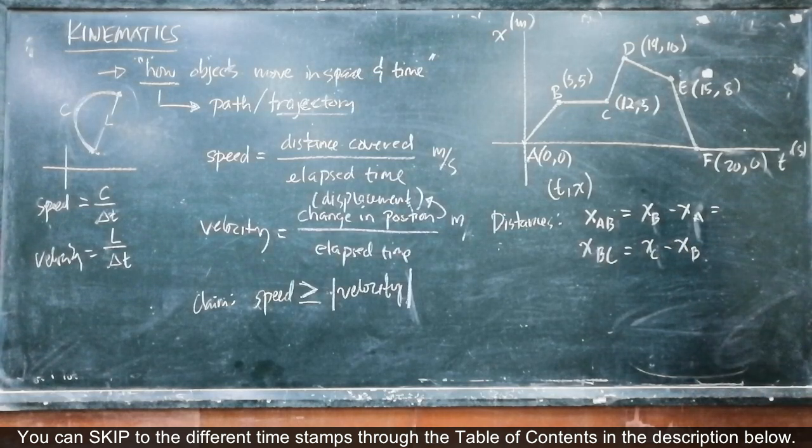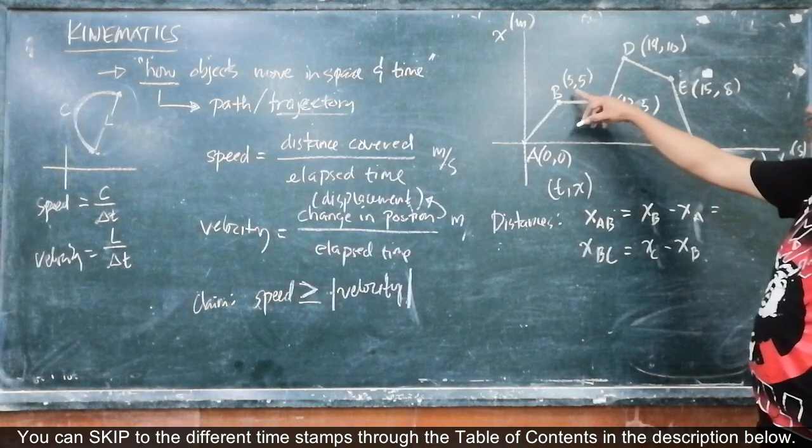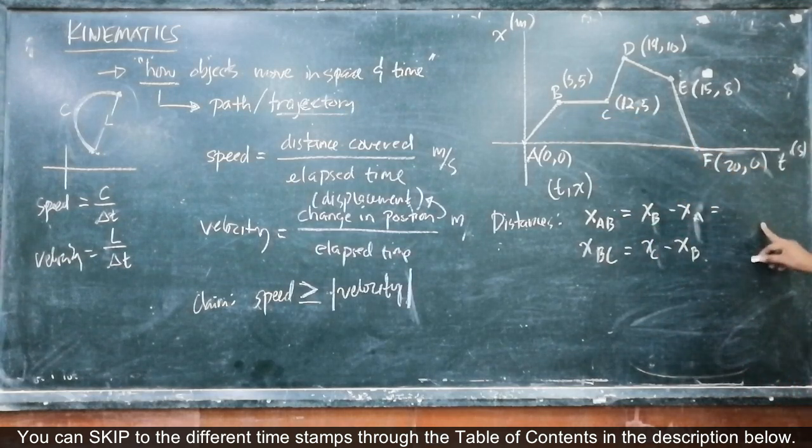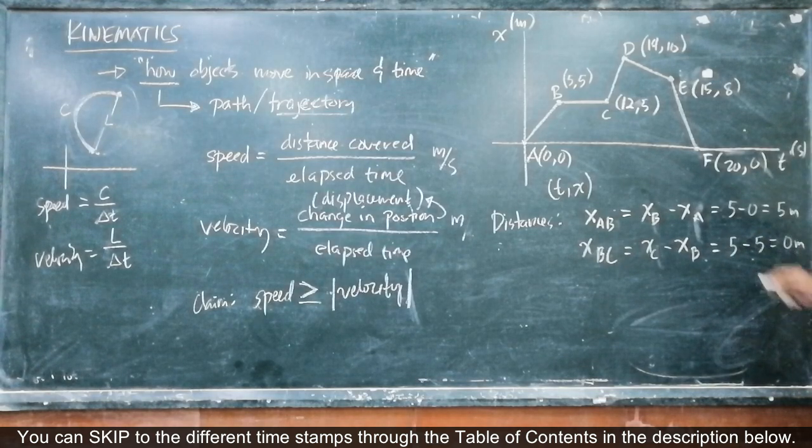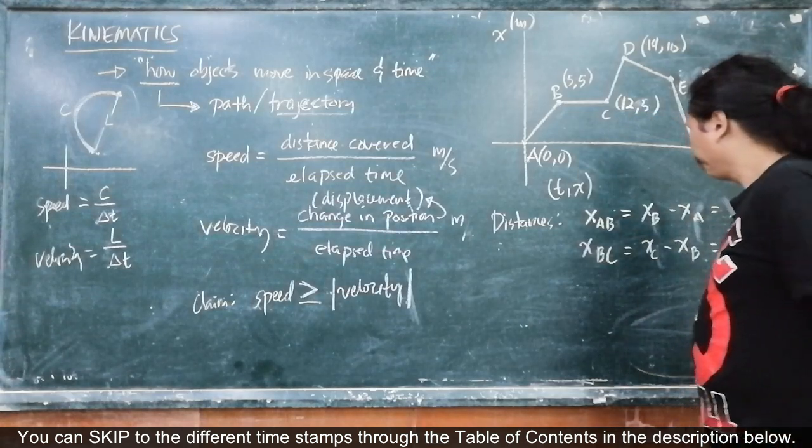Well, we know that this is what? This is 5, no? 5 minus 0, this is 5 meters. This is XB minus XC, this is 5 minus 5, this is 0 meters. It has not moved. Okay?